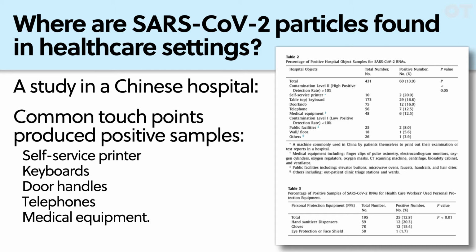So self-service printers, where patients are printing off their own notes or badges, in up to 20% of those there was a positive sample found. Keyboards were another very common place to find positive samples, as were tabletops, door handles, telephones, things that multiple people are in contact with.